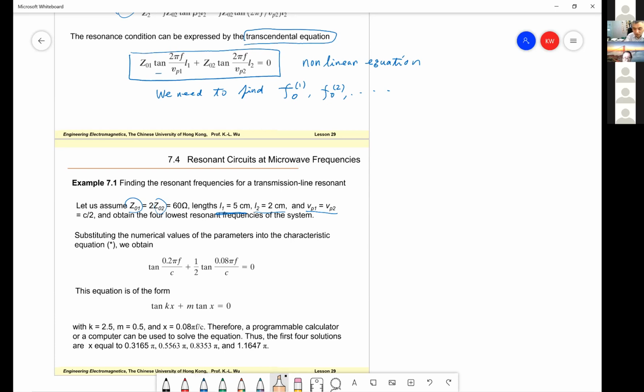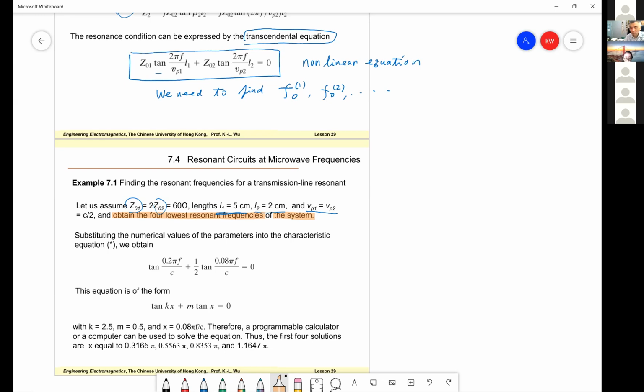Be careful: I ask you to find the 4 lowest resonant frequencies of the system. So you need to find the first 4, starting from the lowest.